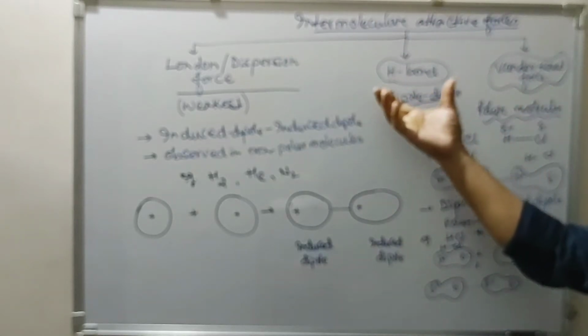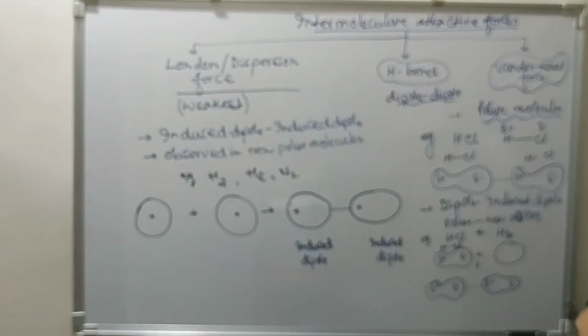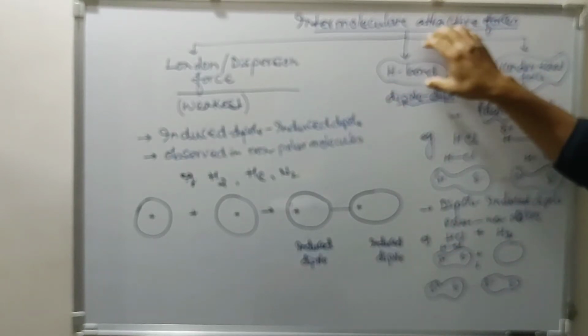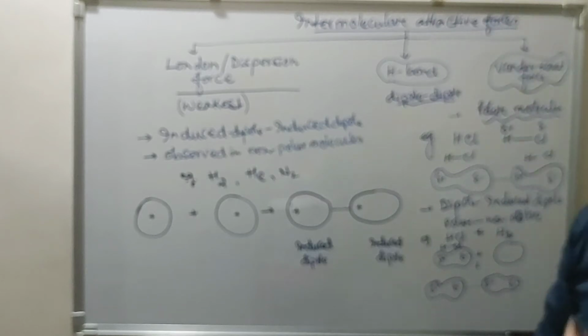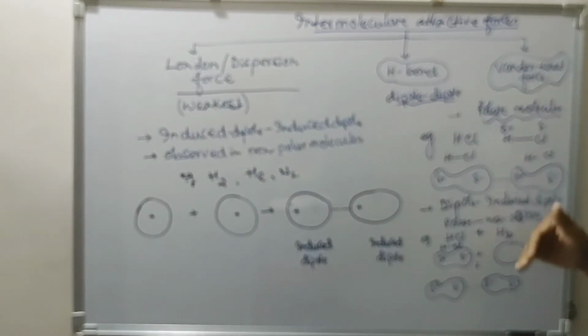If the molecule contains hydrogen attached to an electronegative atom like fluorine, nitrogen or oxygen, we have a special type of bond known as hydrogen bond, which is dipole type. Then we have the dipole type force formed between polar molecules. If the molecule is between polar and non-polar, we have dipole induced dipole interaction.